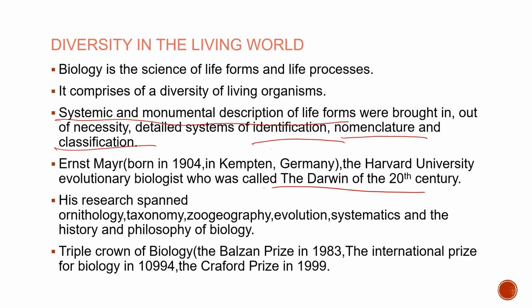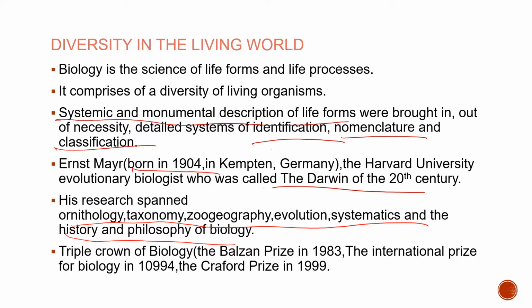His research was mainly on ornithology, taxonomy, zoogeography, evolution, systematics, and the history as well as philosophy of biology. So many fields he covered. If you want to study his history in detail, you can go through your textbook, whichever textbook you are following.